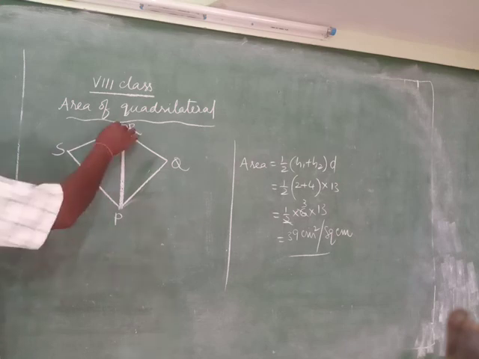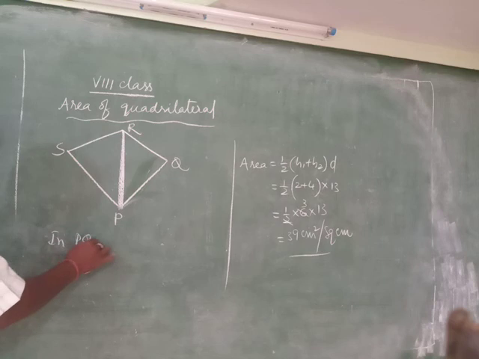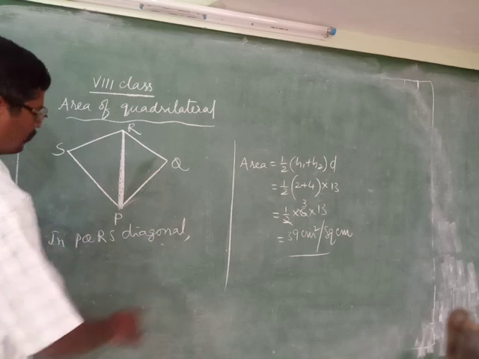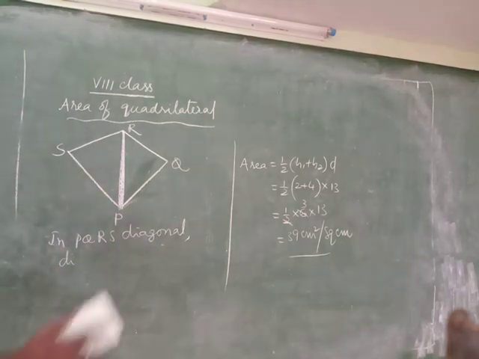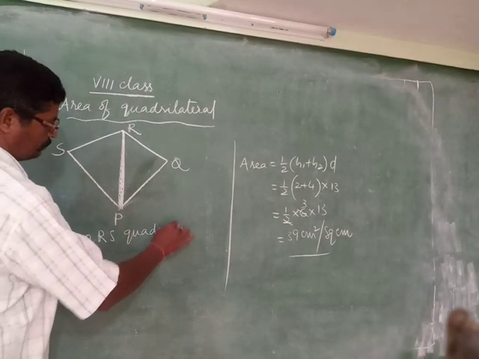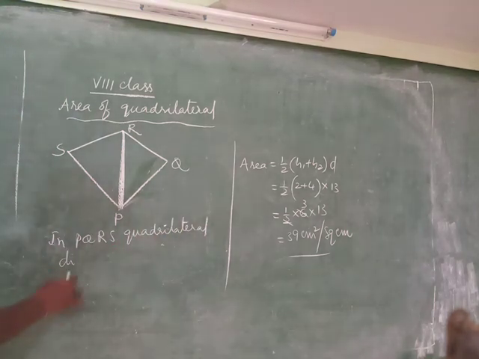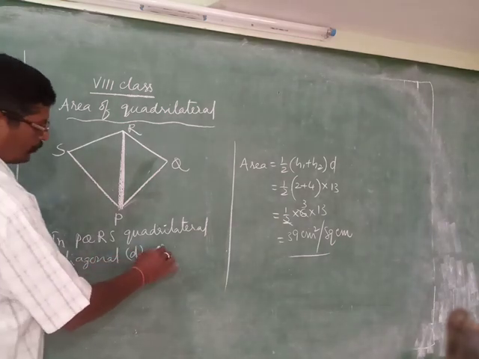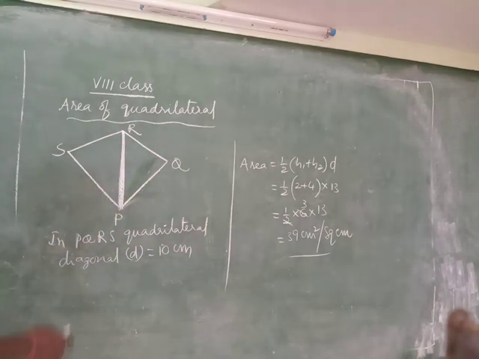Whatever it may be, this is the diagonal. In PQRS quadrilateral, diagonal D is equal to 10 centimeters. This is the length of 10 centimeters.